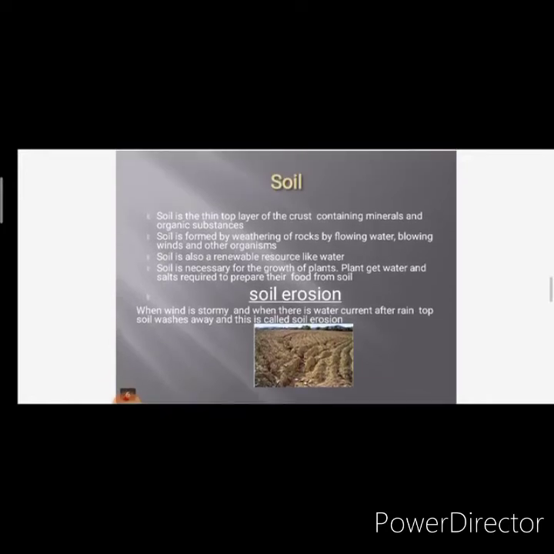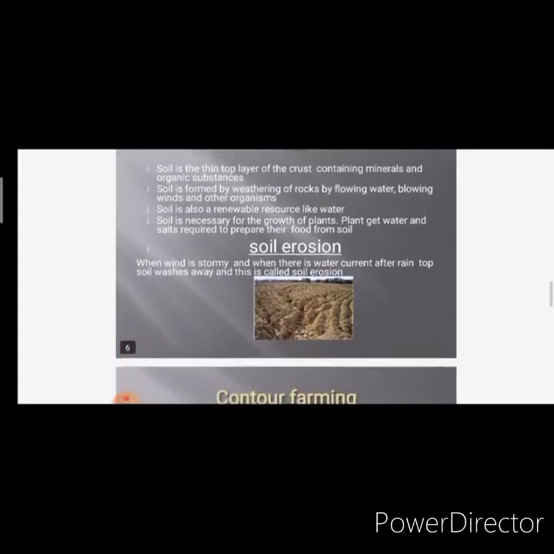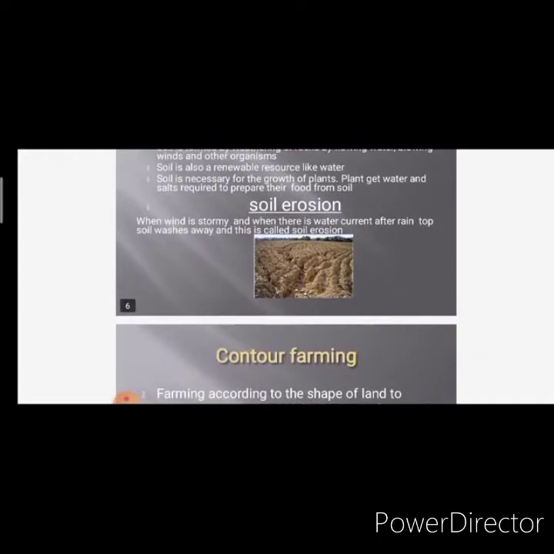Soil is often blown away by the wind or washed away by running water or rain, like I told you. And when it is taken away by the water or the rain, that is known as soil erosion. What is it known as? Soil erosion. What happens? Soil erosion takes away the top layer of the soil, which is the most fertile one.